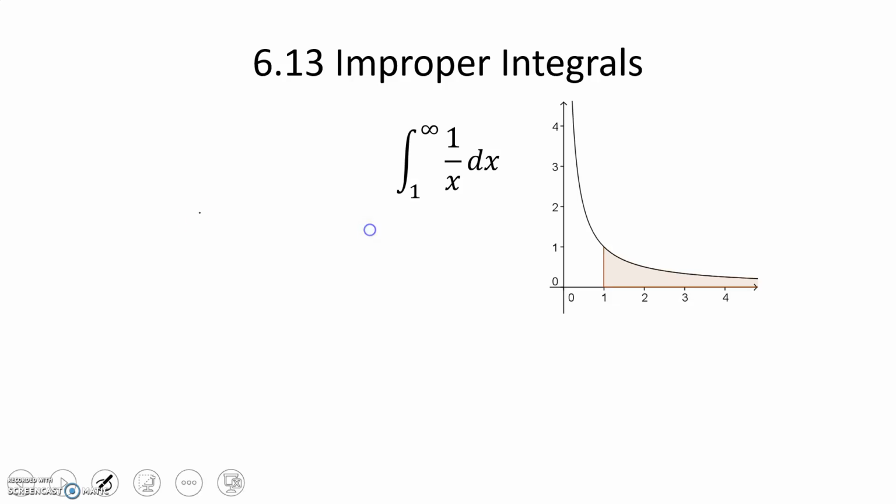So our first step, we're going to rewrite it as a limit. So from 1 to b of 1 over x dx, and it's a limit as b goes to infinity. I'm going to ignore this part for a while. I'll come back to it. And so I'm going to do the antiderivative of 1 over x, which is natural log.